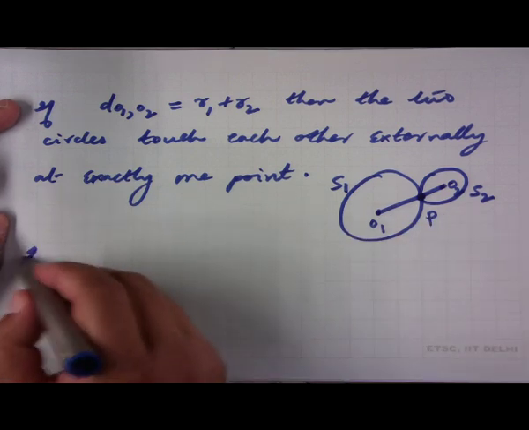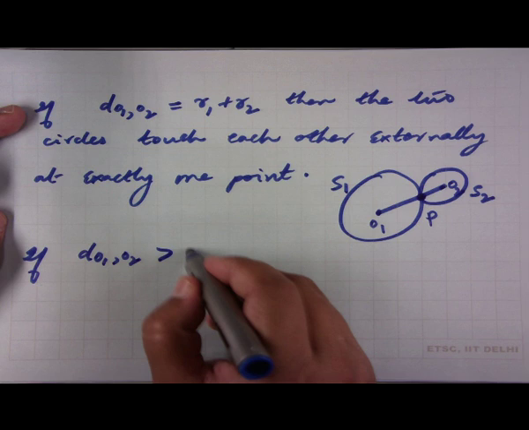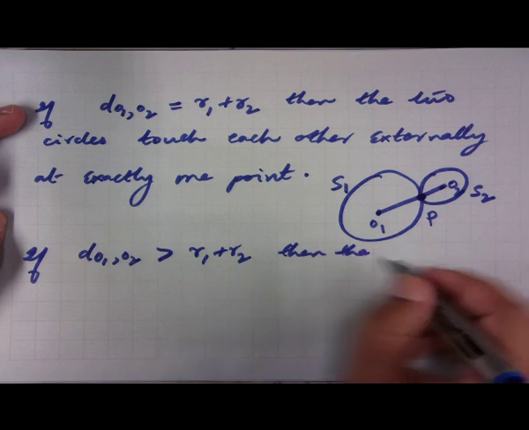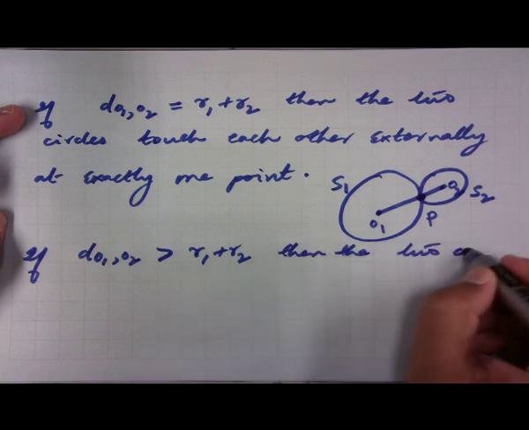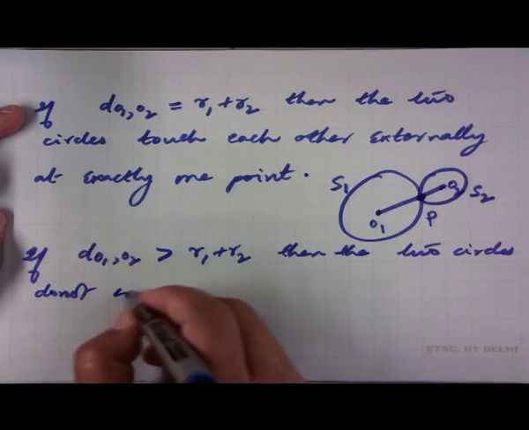And then we also said that if d(O1O2) is greater than R1 plus R2, then the two circles do not intersect.